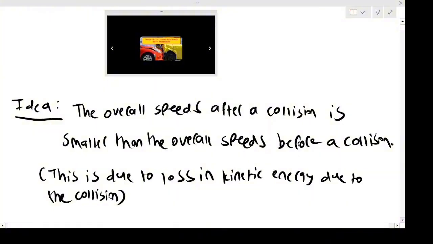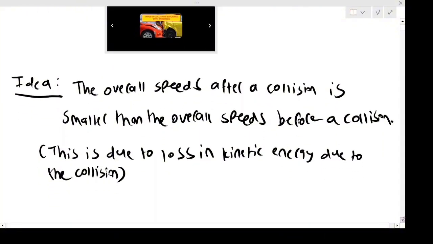For example, there might be a loud bang, so some of the energy will be used for sound. There might be a lot of friction, or there might be loads of forces, so there's extra energy devoted to that instead of just kinetic energy. So the idea is that kinetic energy is lost, and that results in the speeds going down. Okay, and so there we are.